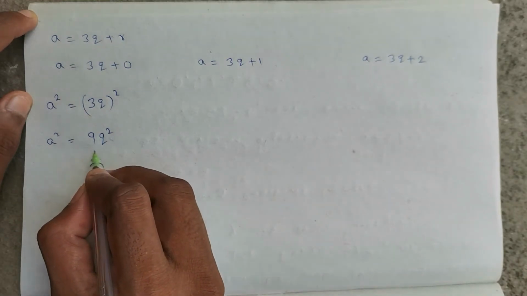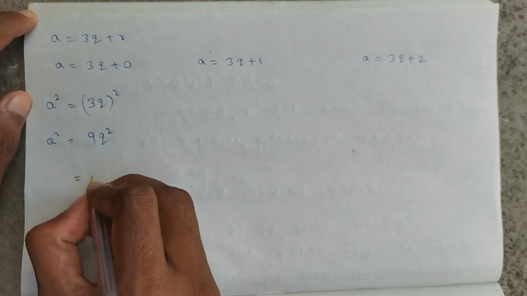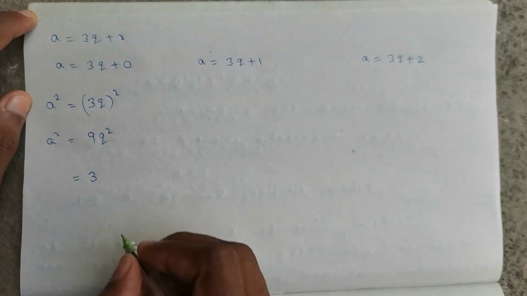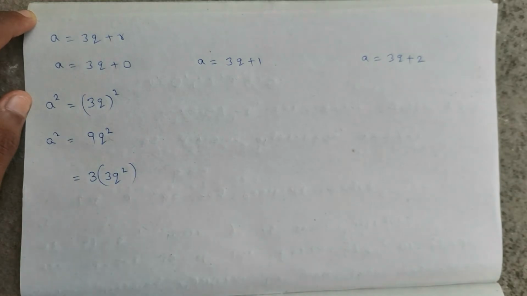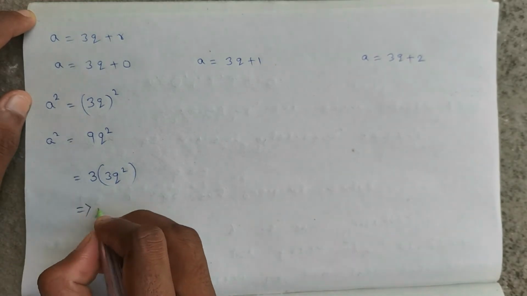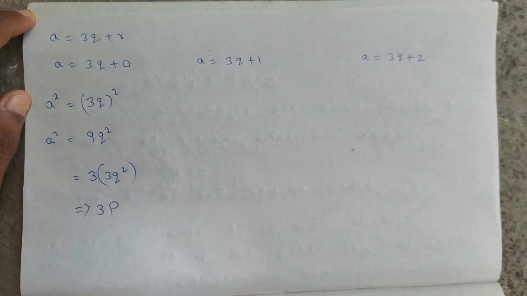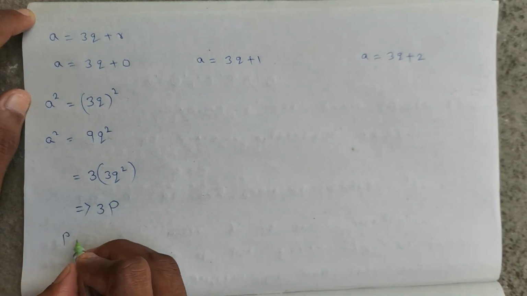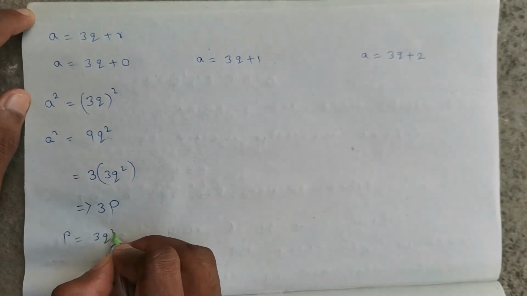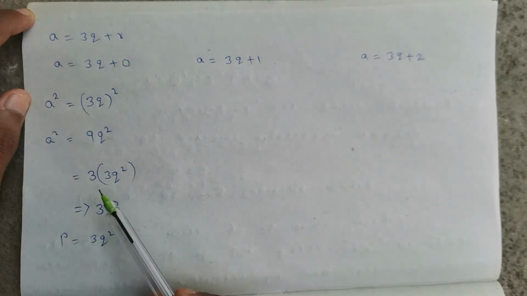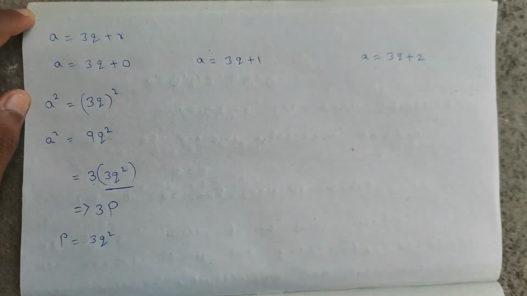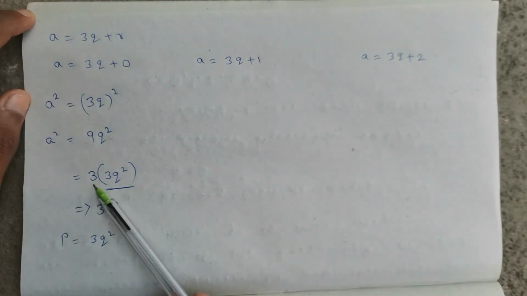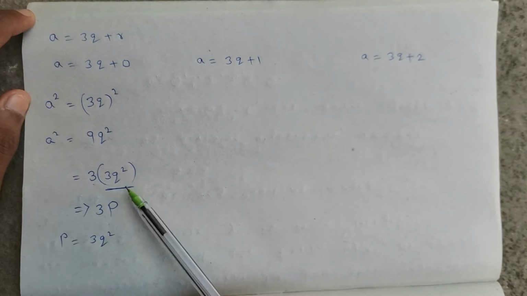So to show that, in 9Q square, I will take 3 common, so we remain with 3Q square. Now it is in the form of 3p, where p is equal to 3Q square.